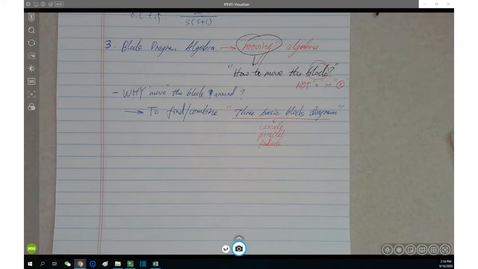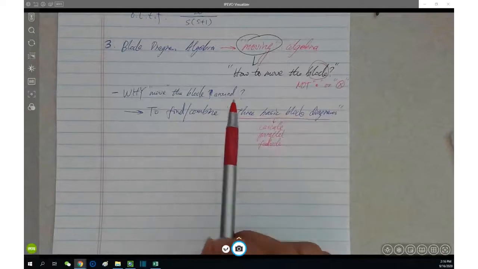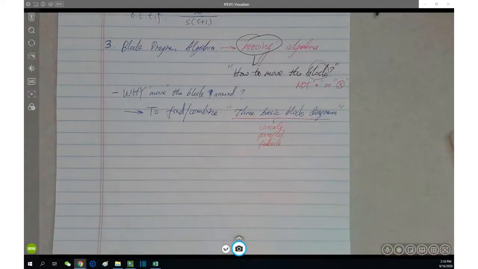The multiple blocks become one. Does it make sense? This is how we step by step combine the complicated system block diagram. Move around so that we can see the basic ones we learned. These three, no more. There are no other basic ones. Somehow come up with one of these three, and then do the combine according to what we learned today. That's going to be very easy.